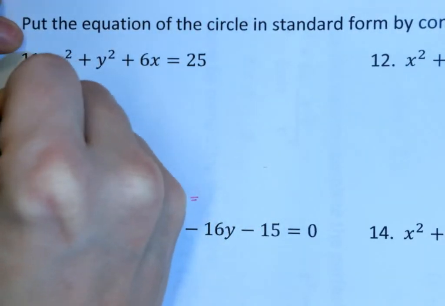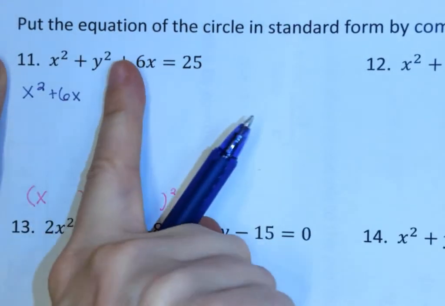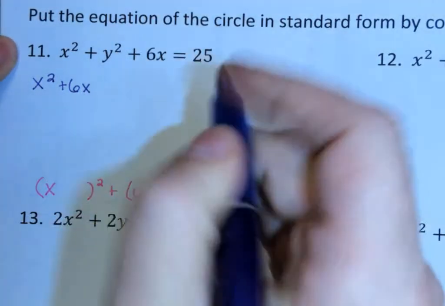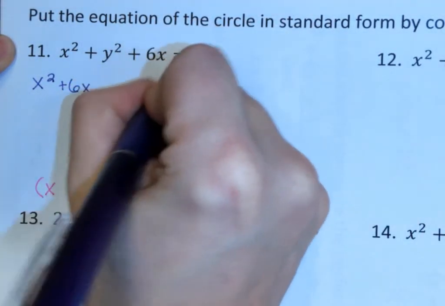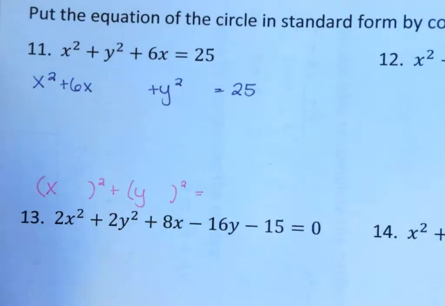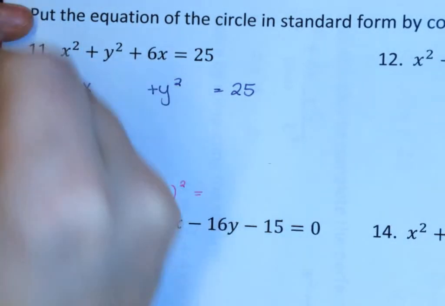So I'm going to set this up so I have x squared plus 6x, because I'm going to build that down to try to get this section here. Then I have the y squared and 25. All I did here was reorganize it. Y'all okay with that?